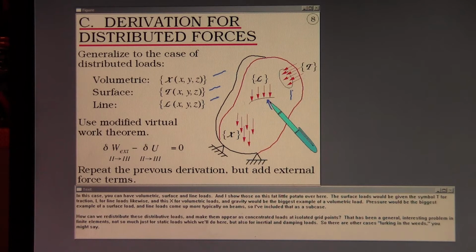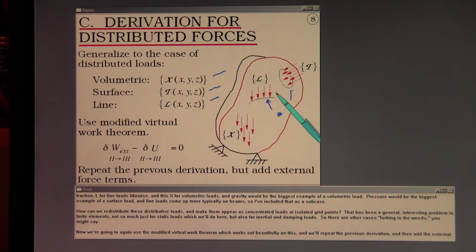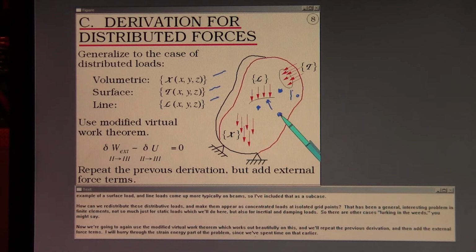How can we redistribute these distributed loads and make them appear as concentrated loads at isolated grid points? That has been a general interesting problem in finite elements, not so much just for static loads, which we'll do here, but also for inertial and damping loads.